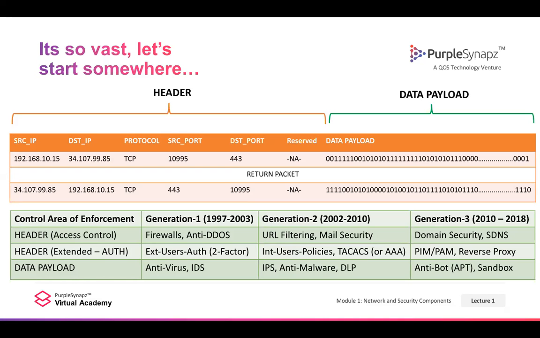So they understand a pattern or a method or a code which is being used to launch an attack, and they create an antidote for that. And while doing so, that signature database keeps on increasing.